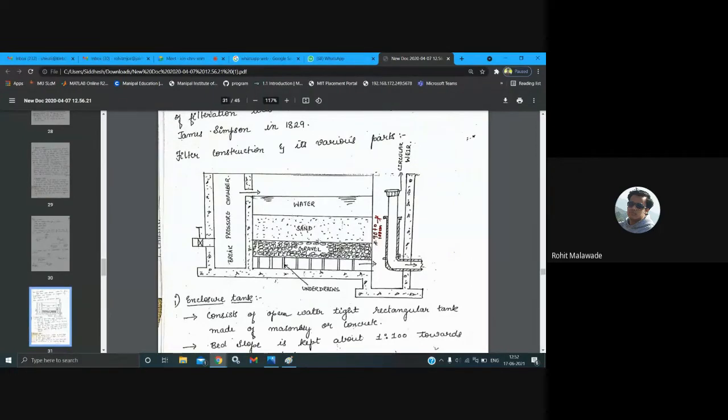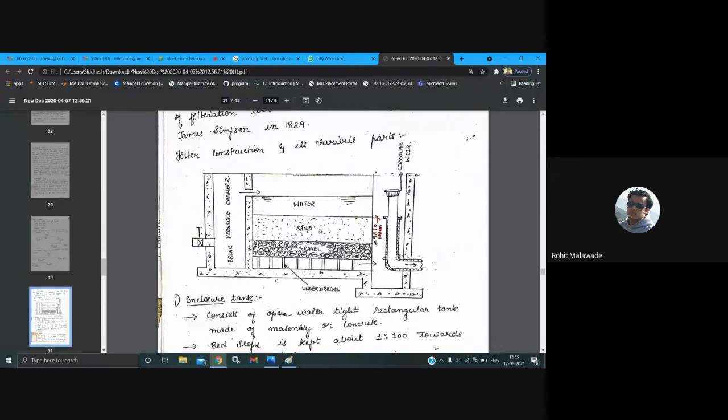Below the sand, we are going to have the gravel. If very fine suspended particles get arrested over here, due to the pore size, that is fine.